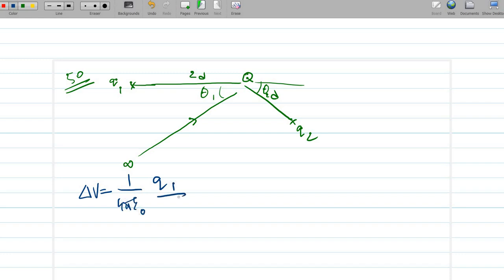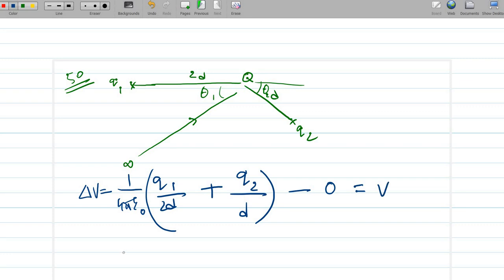Then I have Q1 divided by 2d, plus, again, Q2 divided by d. And then minus what was the potential at infinity. So the potential at infinity would be 0. So that's the V.